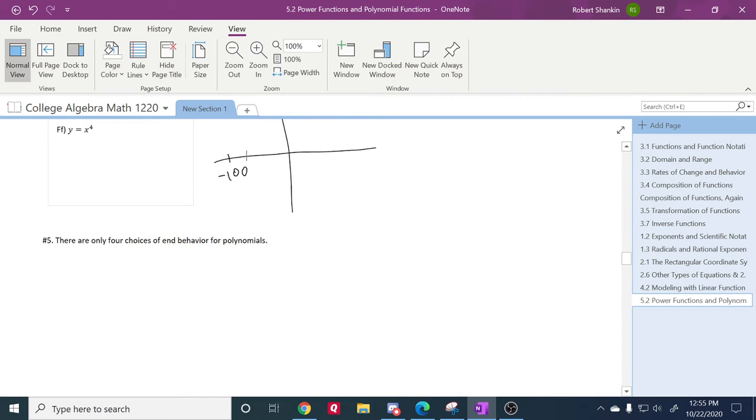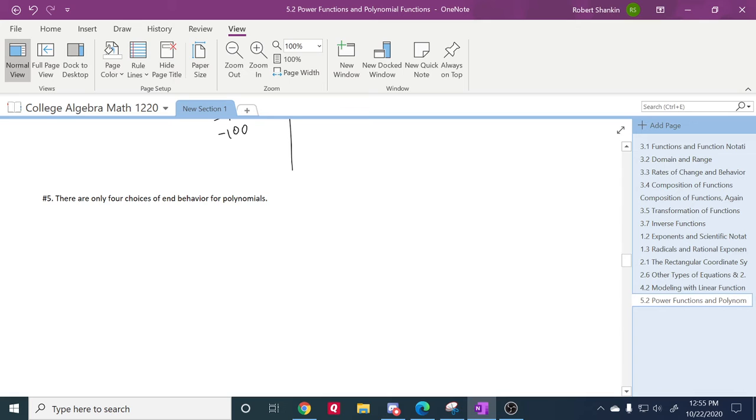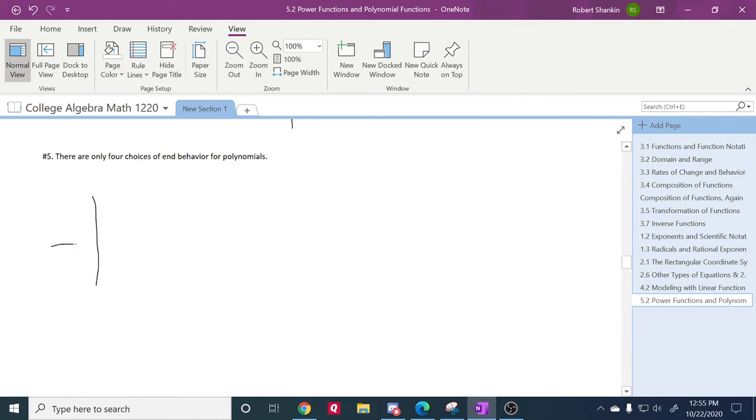All right. Now it turns out there's only 4 choices of end behavior for polynomials. You're going to always have one of these 4 cases. To the right, up, to the left, down.